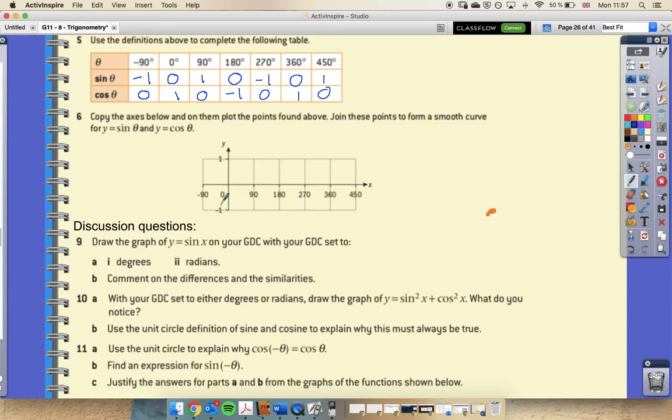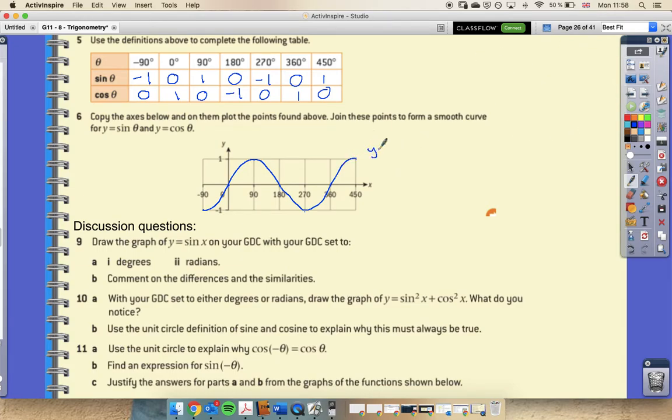So I'm going to do my best to plot these on here. So these are the points for the sine curve I'm going to try to join up. This is going to be a little bit tricky. Okay, so you see I'm doing my best to not just use straight lines. I'm trying to use a smooth curve.